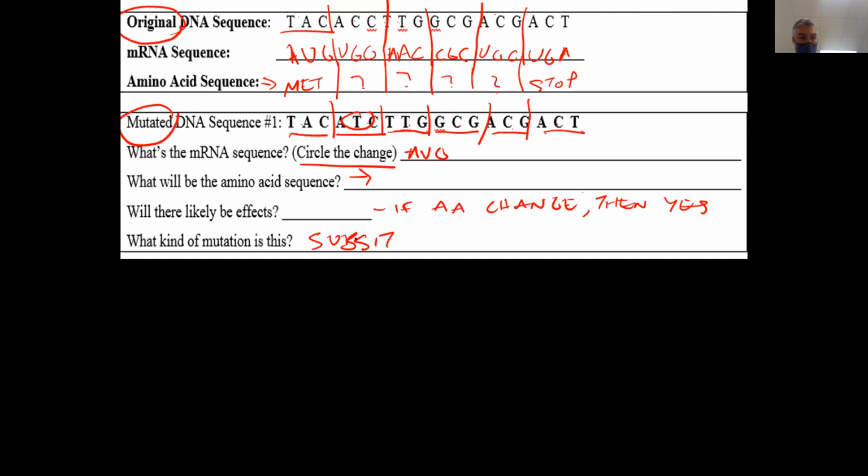I replace thymine with cytosine. Remember, it's DNA that mutates, not your codons. DNA mutates, not codons. Okay, I'm going to stop and go to Schoology, and we'll go 20 minutes.